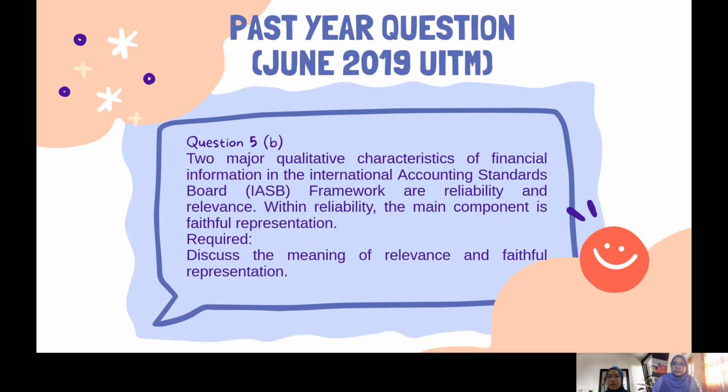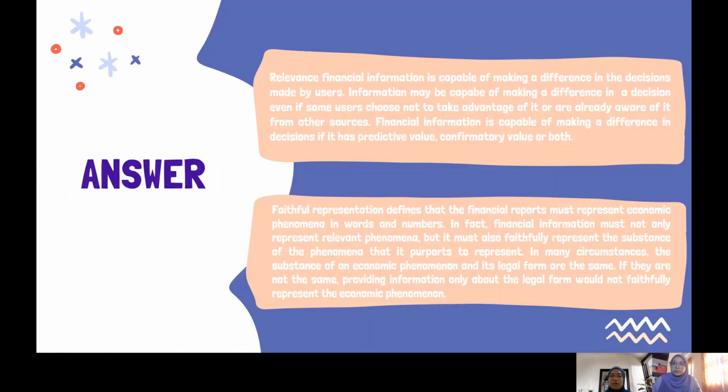I've just mentioned the meaning of relevance and faithful representation in the previous slides. The answer for relevance: it means that financial information is capable of making a difference in the decisions made by users, even if some users choose not to take advantage of it or are already aware of it from other sources.